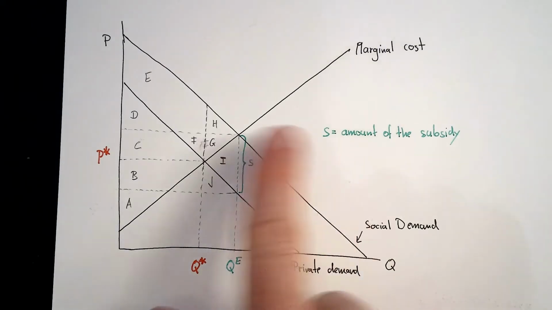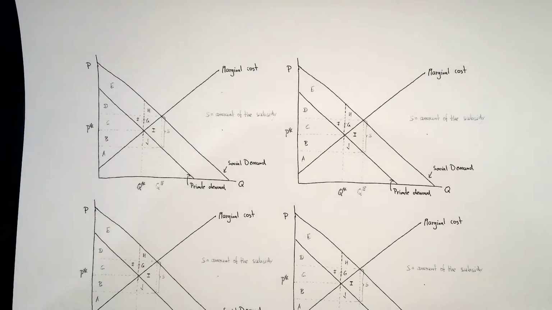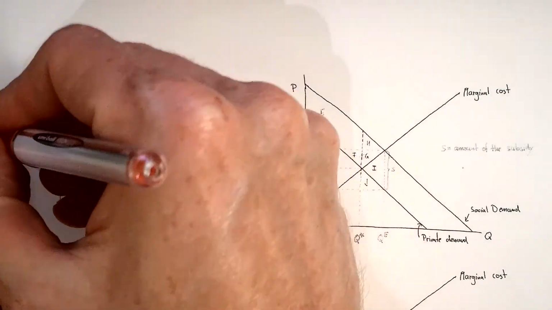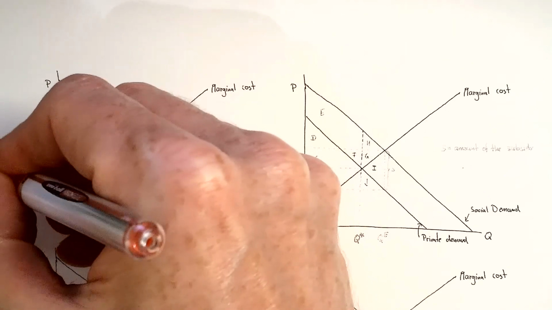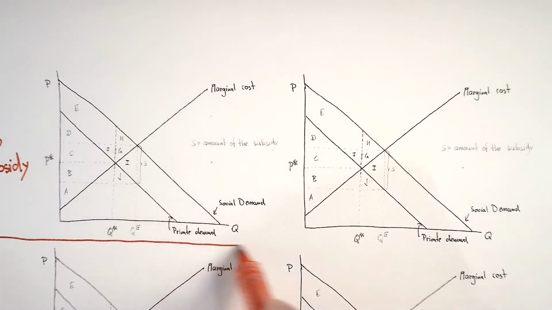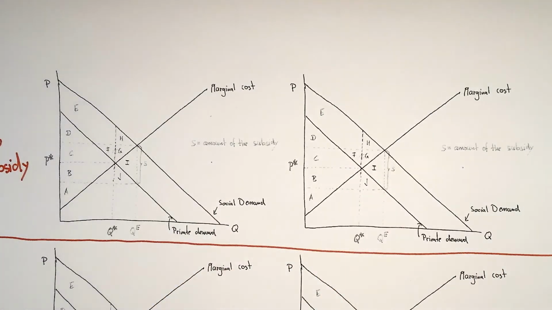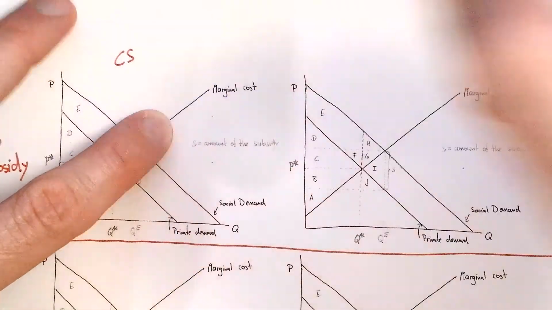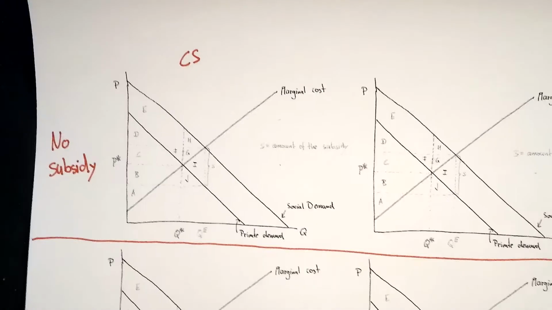Note that I have recreated this picture on several smaller pictures here, because as I said, it is getting a little bit messy. Now, let us have a look at the case of no subsidy at all. This is illustrated by this top row here. Here we are going to have first the consumer surplus, and the producer surplus.